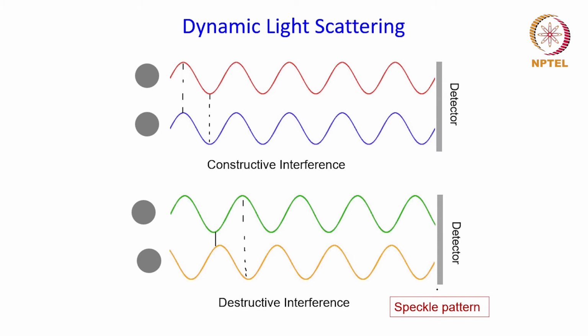So this intensity fluctuation is what is being actually recorded by this technique in order to derive the particle size by deriving the translational diffusion coefficient. So in order to derive that translational diffusion coefficient from this intensity data, we need to see how this intensity varies and what its relation is with the particle size.